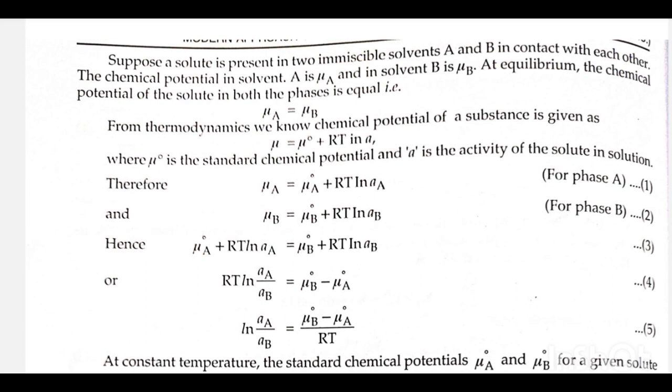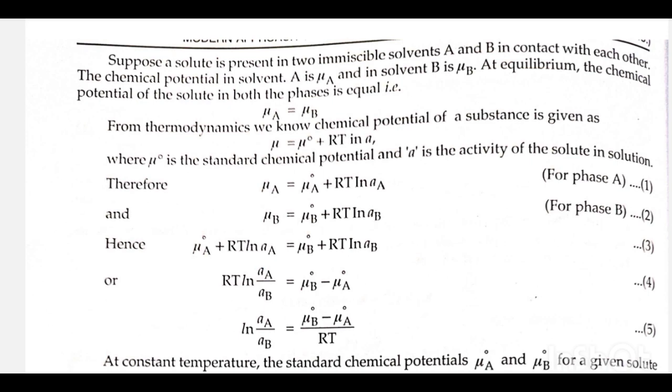From thermodynamics, we know that chemical potential of a substance is given as mu is equal to mu naught plus RT ln a, where mu naught is the standard chemical potential and a is the activity of the solute in a solution. Therefore, mu A is equal to mu naught A plus RT ln aA for phase A, first equation, and mu B is equal to mu naught B plus RT ln aB for phase B, second equation.